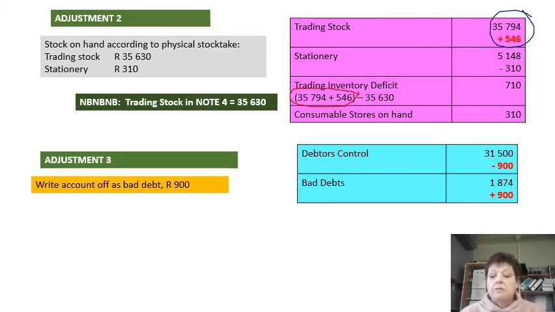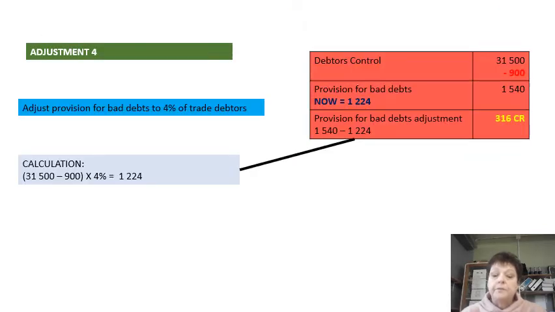Adjustment number 3 is writing off a bad debt. Straightforward. Adjustment number 4, you have to adjust the provision for bad debts to 4% of trade debtors. Remember, debtors control already had an adjustment. Can you see that there? It's the 31,500 minus the 9,000 from the previous adjustment.